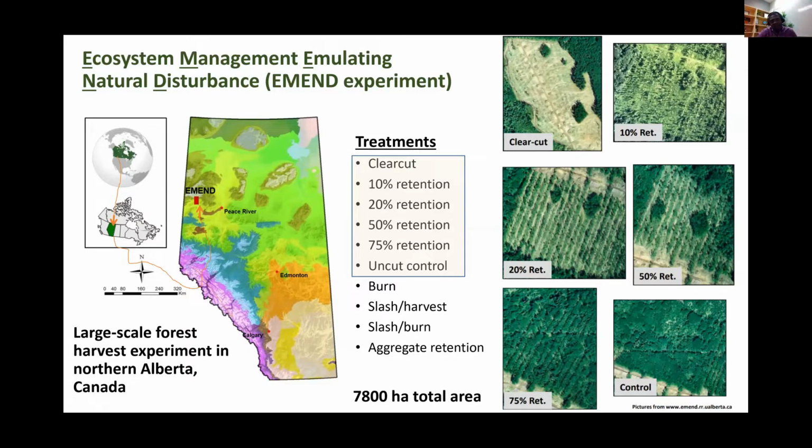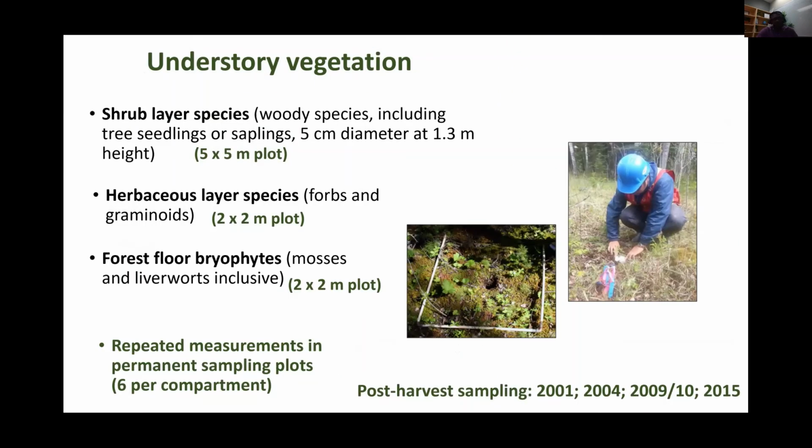And there are about 4 major forest types: deciduous dominated, conifer dominated, and mixed wood, which is conifer plus deciduous broadleaves in relatively equal proportion. So for the understory vegetation, I consider the shrub layer species, and the shrub layer species could include tree species or plants: herbaceous layer, shrub layer, tall shrubs, low shrubs.